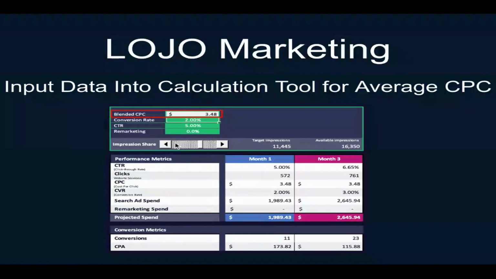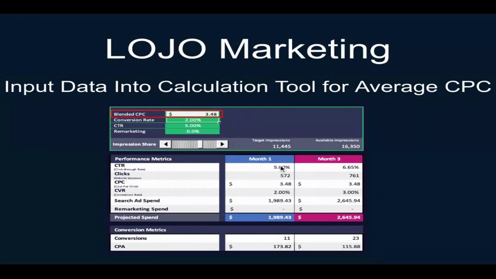We then adjust this impression share to about the 70% level. And I won't go into all the reasons why we do that because it would take a few minutes. So I'm trying to keep this short. But we adjust that to about the 70% ratio. So that means about 11,000 people would be able to see the ad.